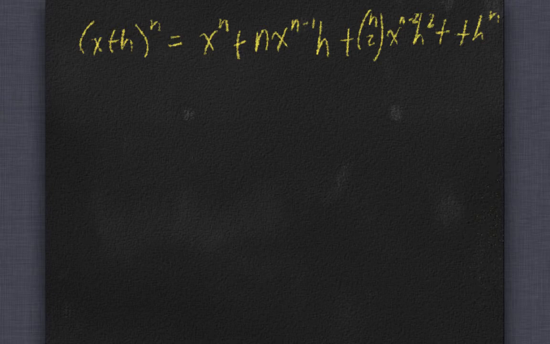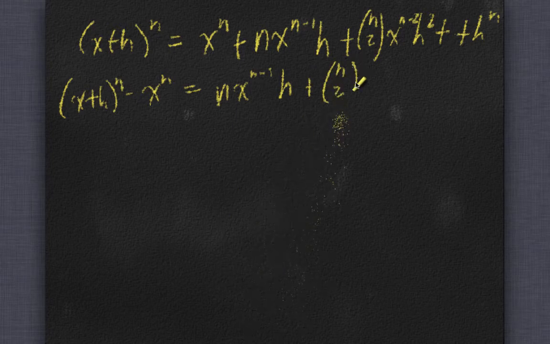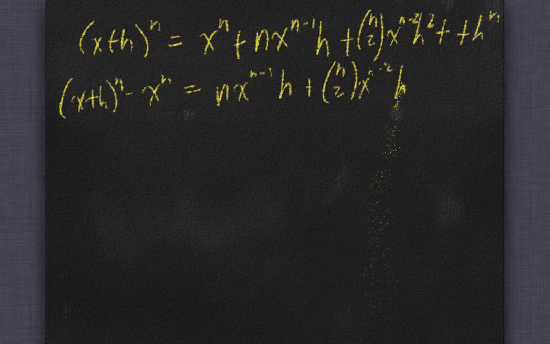When I subtract x to the n, that goes away. So I have n x to the n minus 1 h plus n choose 2, x to the n minus 2, h squared plus down to h to the n.